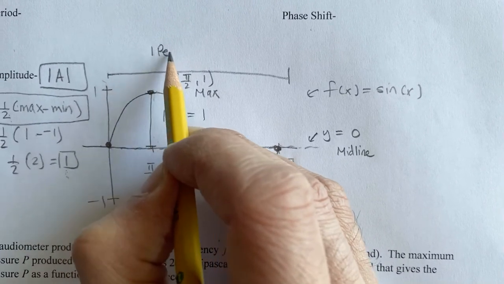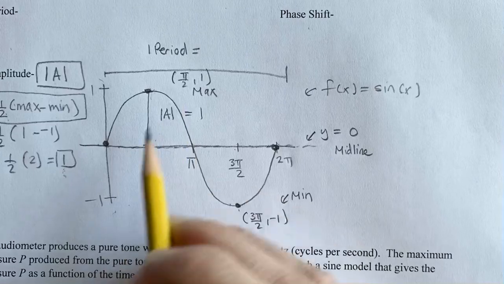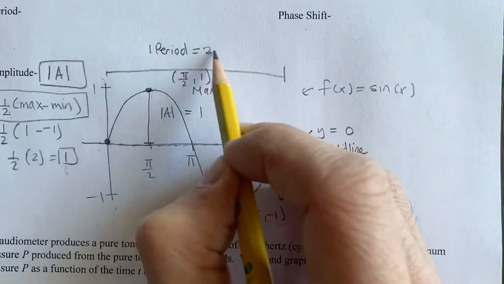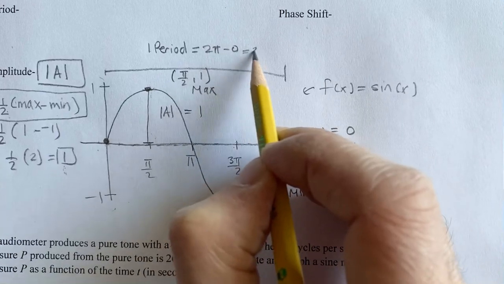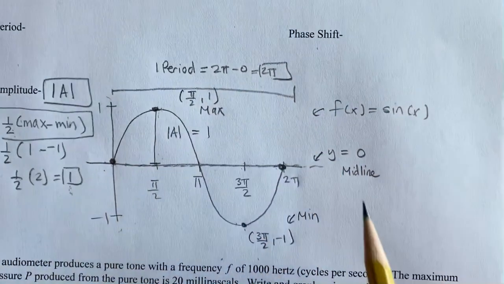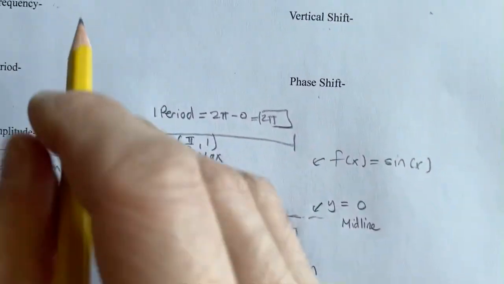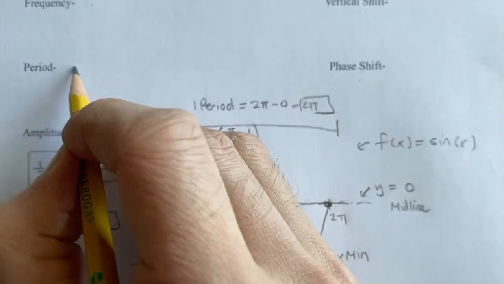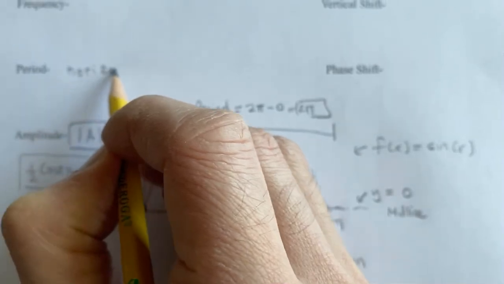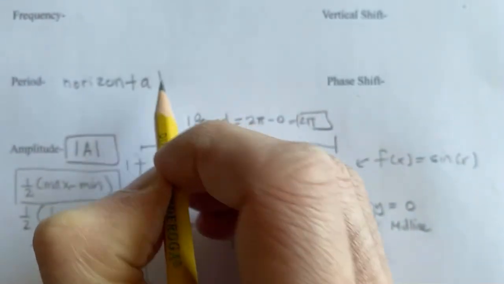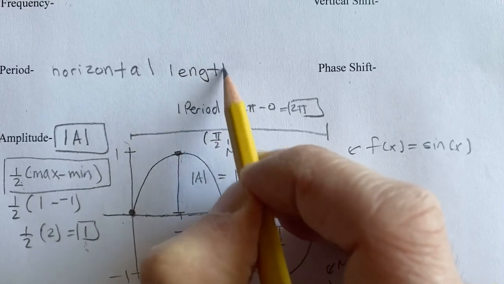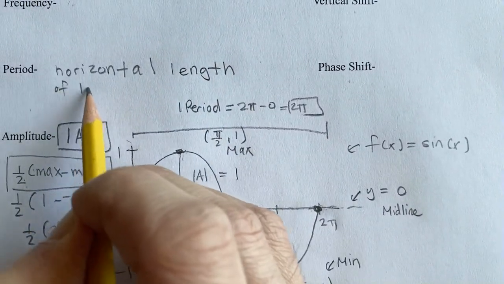One period is defined as the horizontal distance of one cycle, and that's just 2 pi minus 0, in which case just 2 pi, right? And so the period, let me write this down again, is the horizontal length of one cycle.